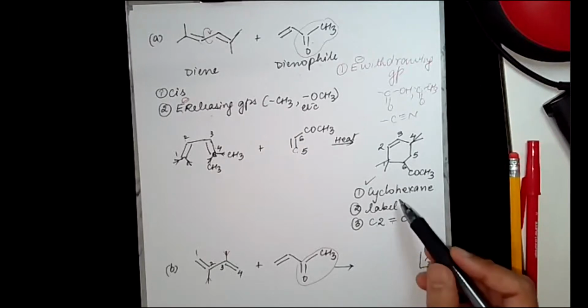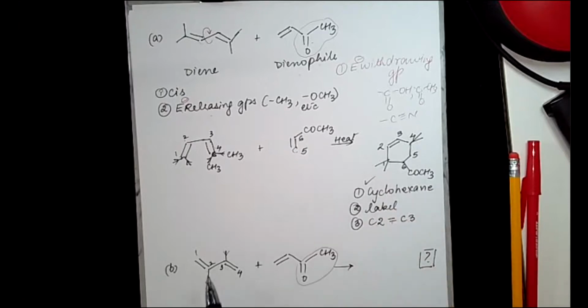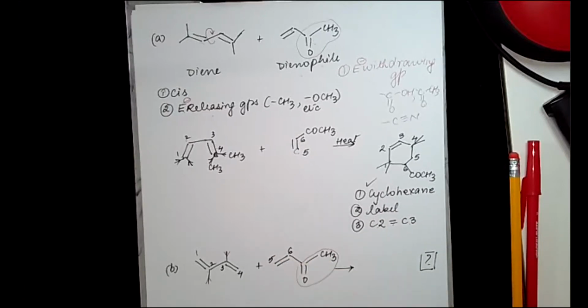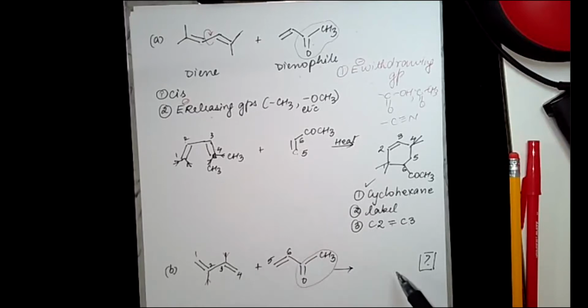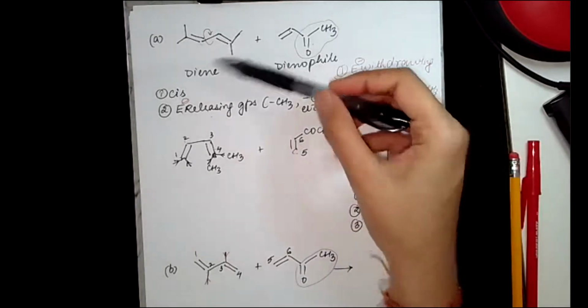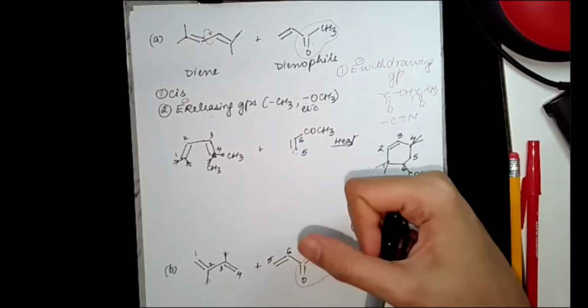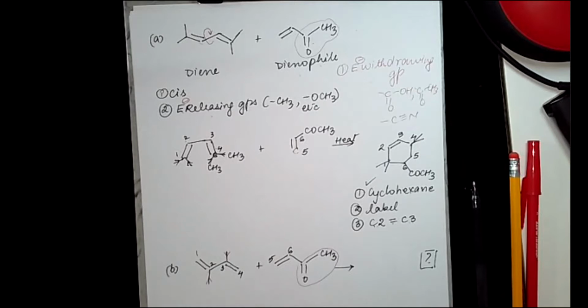Follow the same pattern. Draw a cyclohexane, label your structure, label your starting materials, and then put all the substituents, then give carbon 2 and carbon 3 a double bond. But my question to you is, between A and B, who is going to do the Diels-Alder faster?